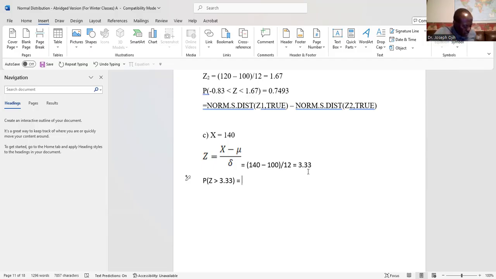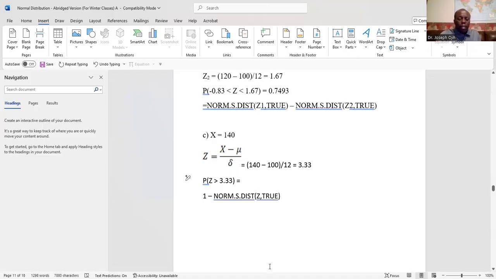So in the right tail, I'm going to use this formula: 1 minus NORM.S.DIST Z, comma, true. That will give you the answer right away.